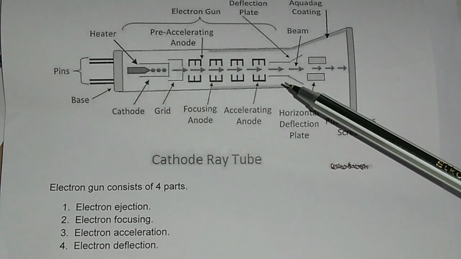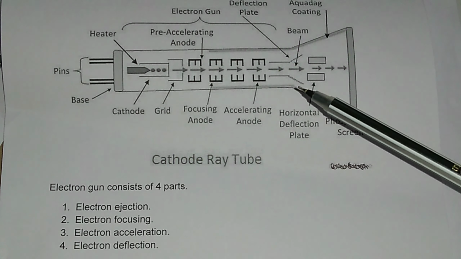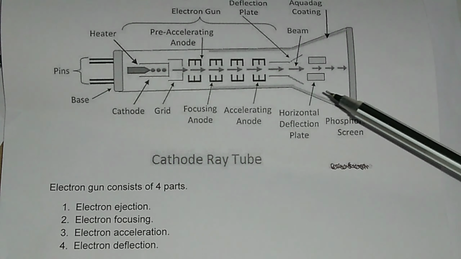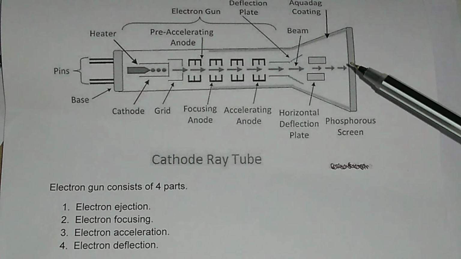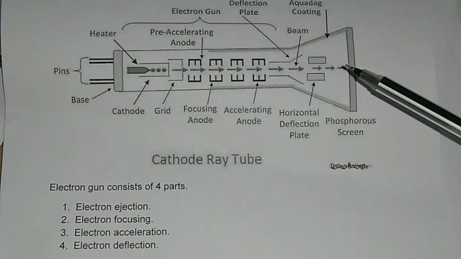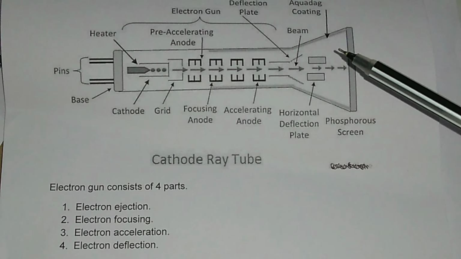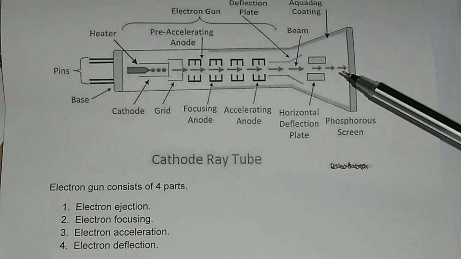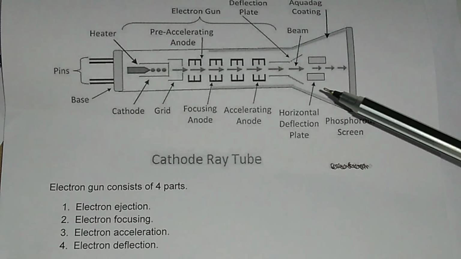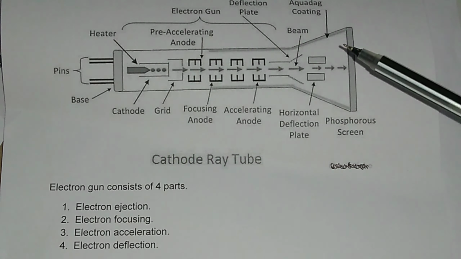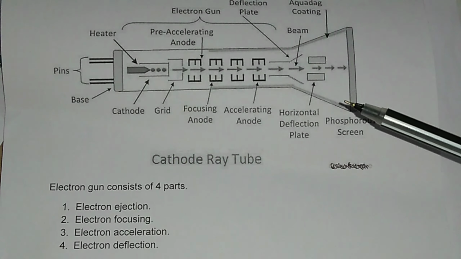By these systems, the beam can be positioned anywhere on the screen, on the x axis, the y axis, or any place in the XY plane. The face of the screen can be considered as the XY plane.